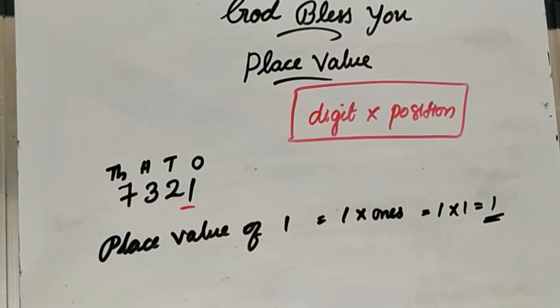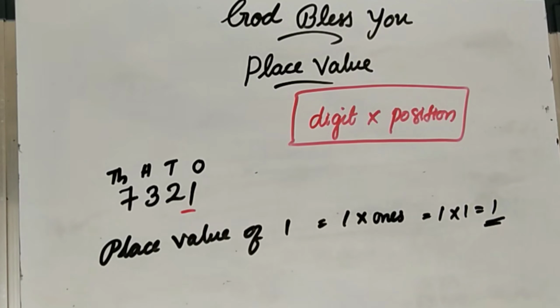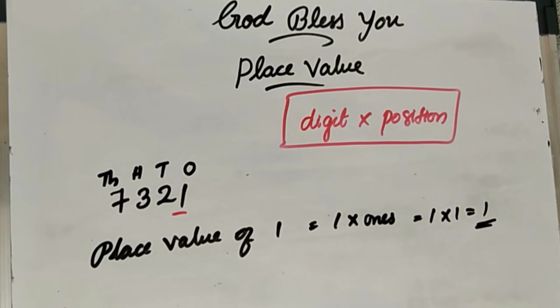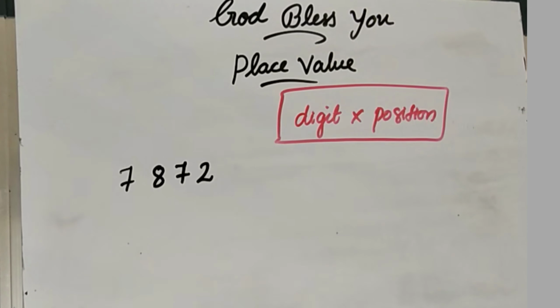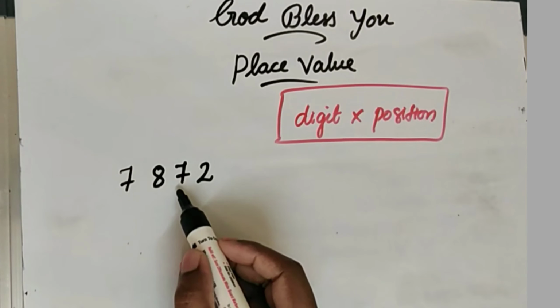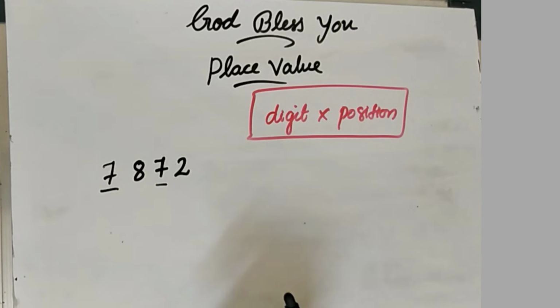We must remember that the digit at 1's place, or the unit's place, is always the same. This 1's place is also known as unit's place. See, in this number 7872, find the place value of 7. Here 7 is repeating. Then how will you find the place value of 7 from this number?